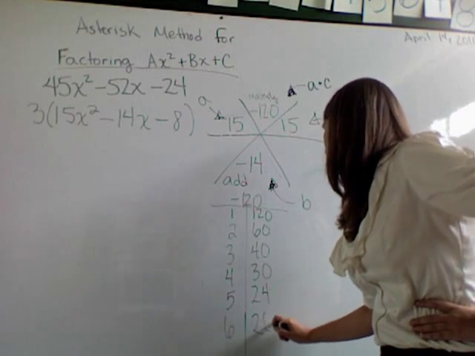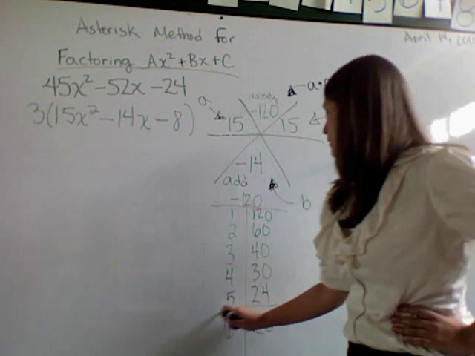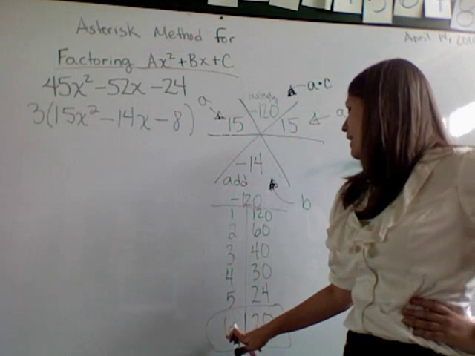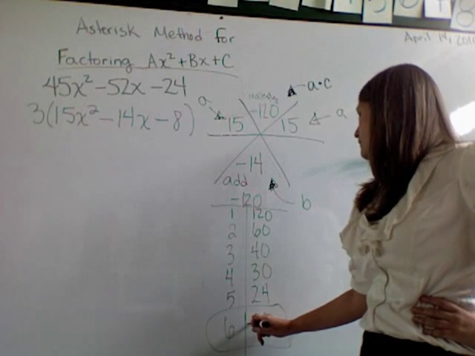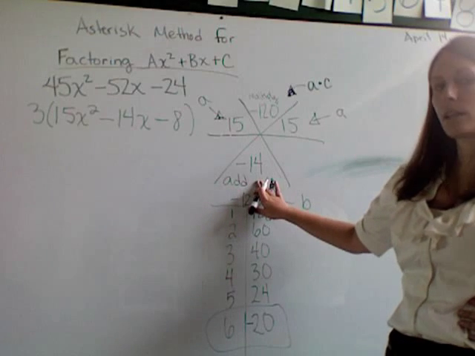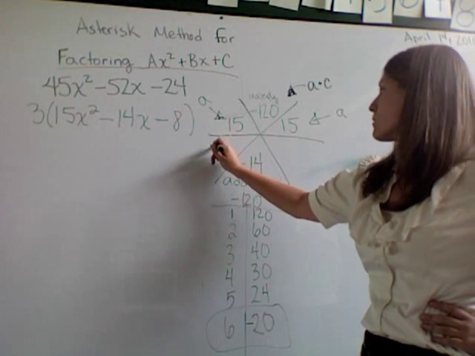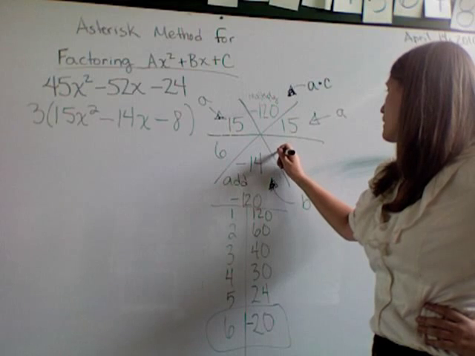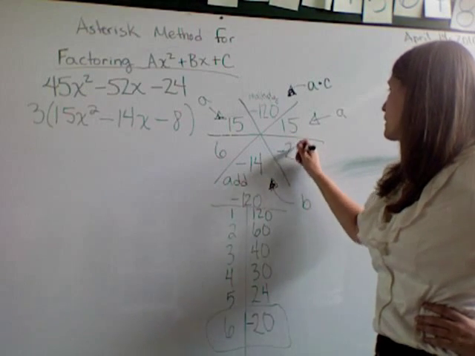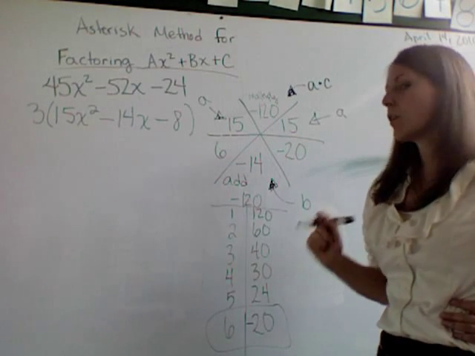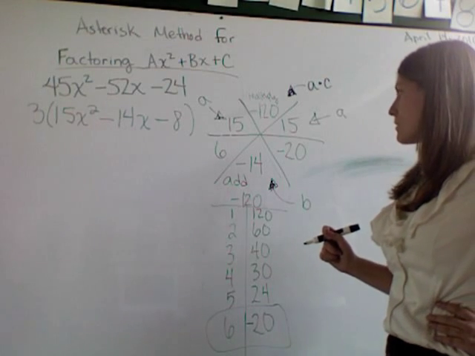I'm going to stop there and notice that if I add 6 and negative 20, I'll get negative 14. So I'm going to add in here 6 and negative 20. I'm almost done. I almost have my answer.